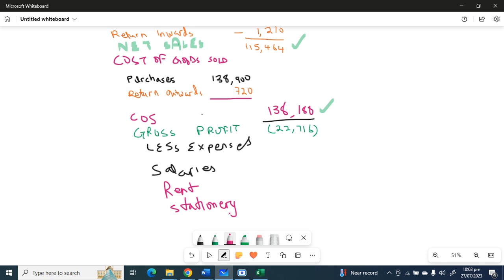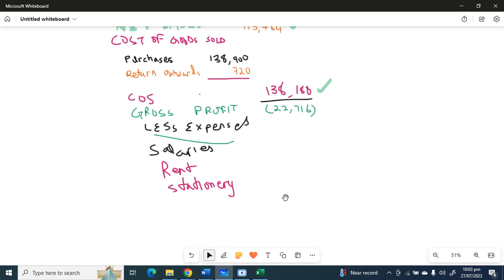And the income statement is the combination of the trading account and the statement of profit or loss. So that's one of the guides you should use in an exam if you've been given a trial balance.